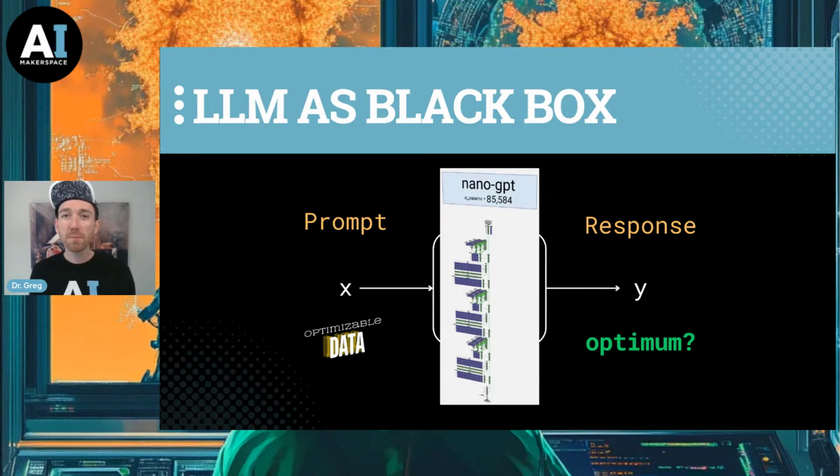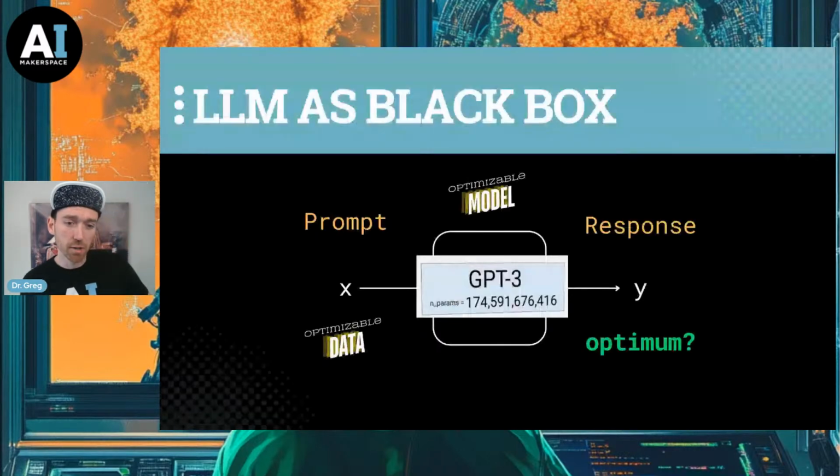Or if we go up to even something that was created just a few years ago, like a GPT-3 size model, we're talking about 175 billion parameters. So it starts to get crazy.